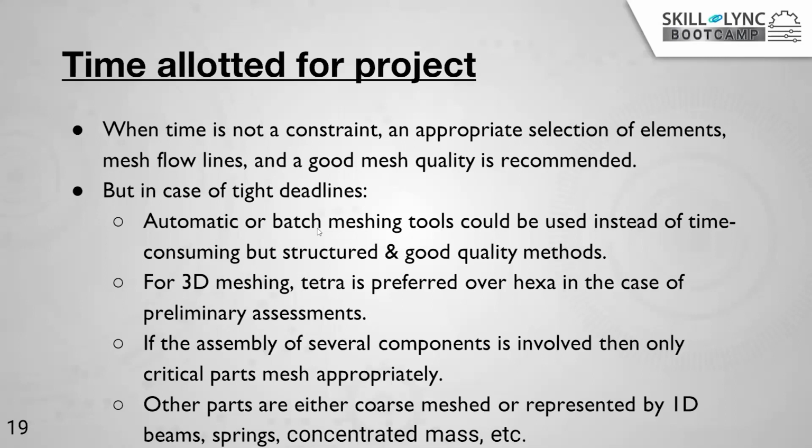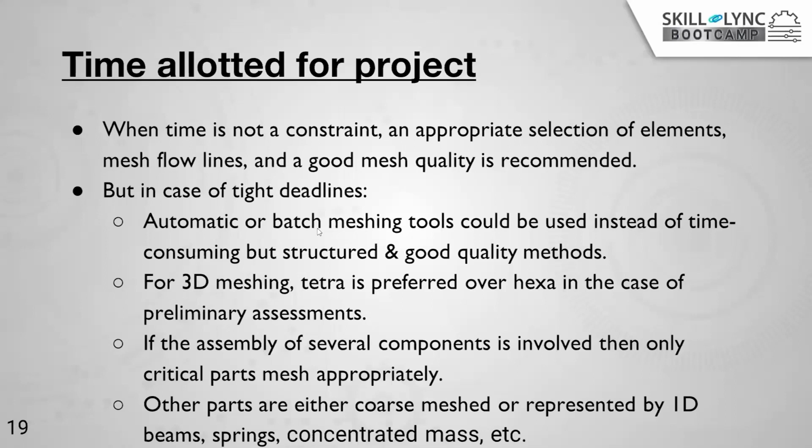Now suppose the product engineer says that for an analysis which might actually take some 100 hours, they are asking you to complete it within 40 hours due to some urgent requirement. In that case, if you can't do a very structured, high quality mesh, you might have to make some compromises in the mesh.